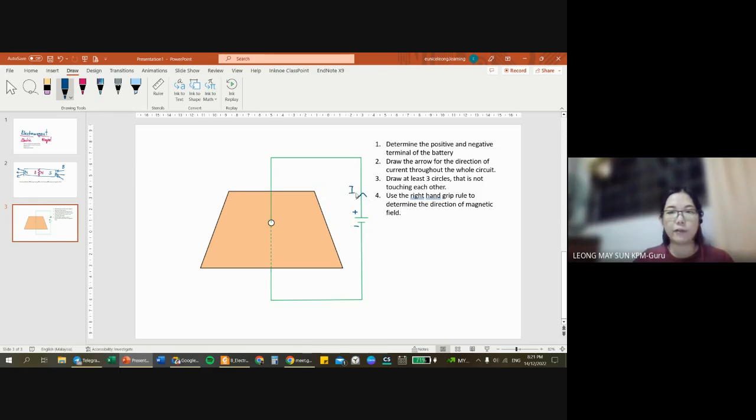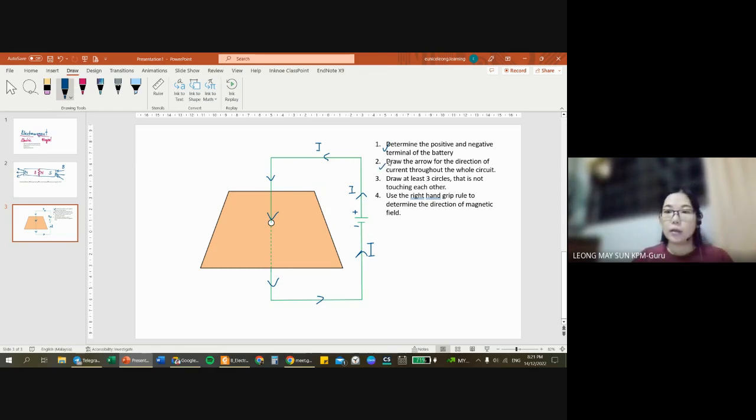This is our current flowing throughout the whole entire circuit. So we're going to draw on this piece of paper. Make sure you draw the arrow pointing downwards, coming out here towards the negative terminal. So we have determined the direction of the positive and negative, and we have already drawn the direction of the current flowing.